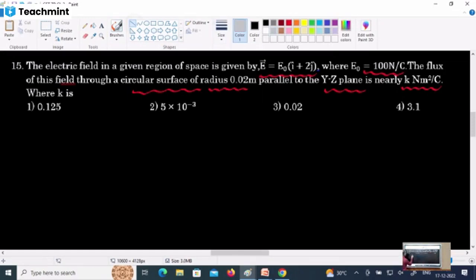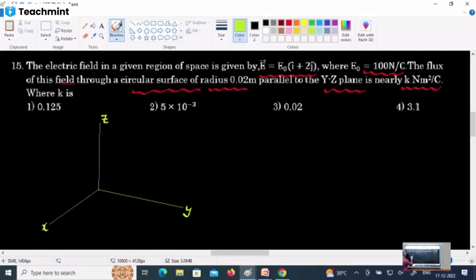You have XYZ axis system. If we take this as x, this becomes y, this becomes z.